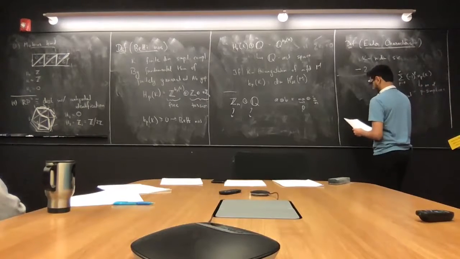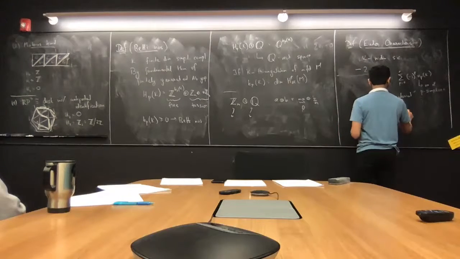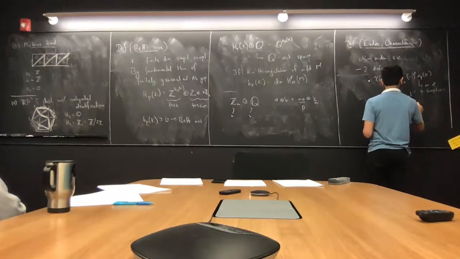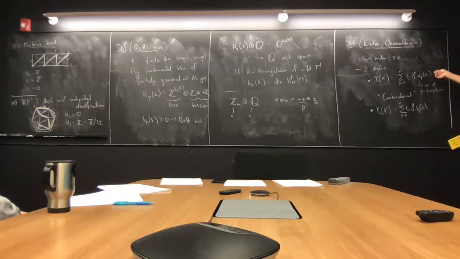Alternately, there's another definition. Chi of K is the sum over p from 0 to n of (-1)^p times the Betti numbers b_p. This is equivalent to the vertices minus edges plus faces, up to some (-1)^p factors.